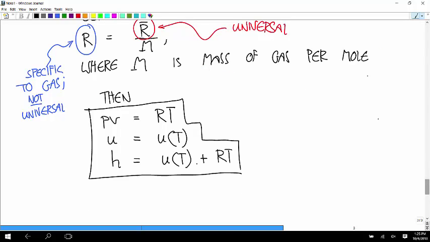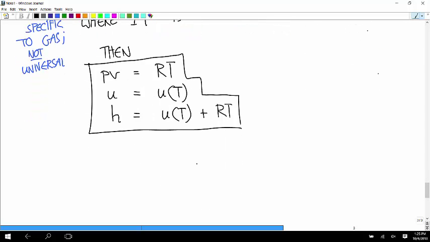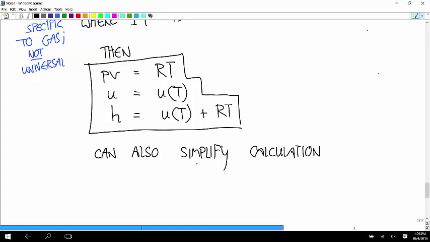We also have a couple of other relationships. These are kind of the things that define an ideal gas, but you can also simplify the calculations of the specific heats, CV and CP.